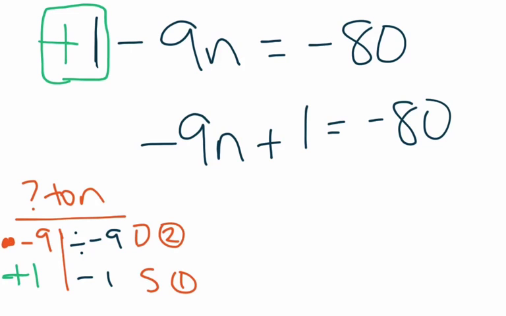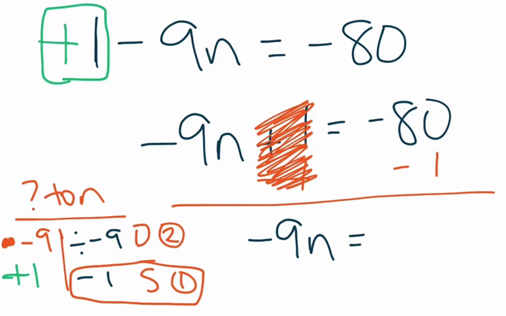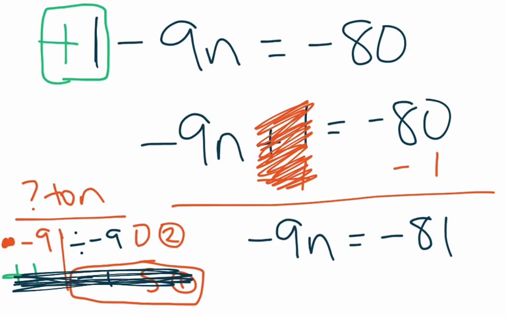The very first thing that we're going to do is subtract 1 from both sides. And these 1s go away. And I'm left with negative 9n equals, if you put in your calculator negative 80 minus 1, you will get negative 81. Don't change the way it looks, put it in exactly the way that it looks. So this is taken care of. The 1 is now gone.